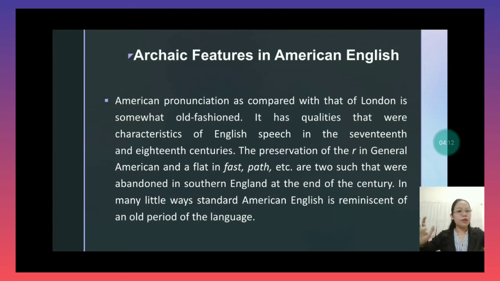There's no need to explain the archaic features in American English, since we know that it is a very old-fashioned way of writing or speaking. And also, we don't usually use this as of today. But it is very important, again, to know what these archaisms and archaic words are.